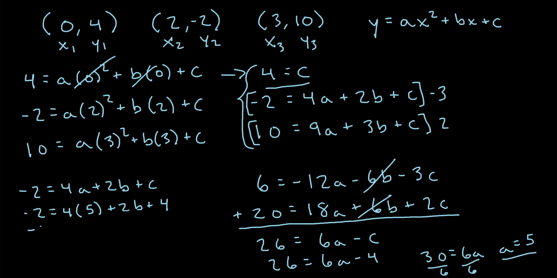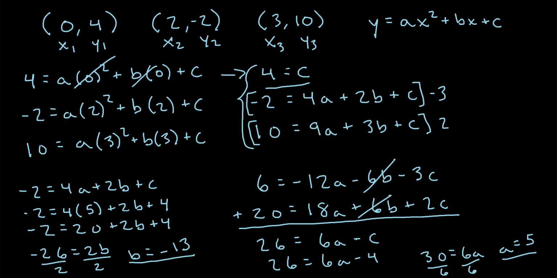So we get -2 = 20 + 2b + 4. 20 plus 4 is 24. If we subtract 24 from each side, we'll get -2 minus 24, so -26 = 2b. And if we divide both sides by 2, we'll find that b is -26 divided by 2, that's -13.